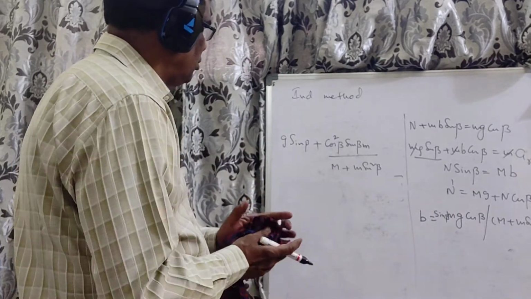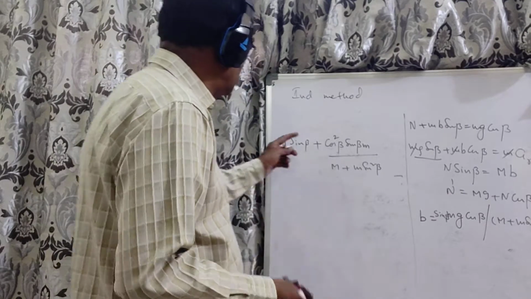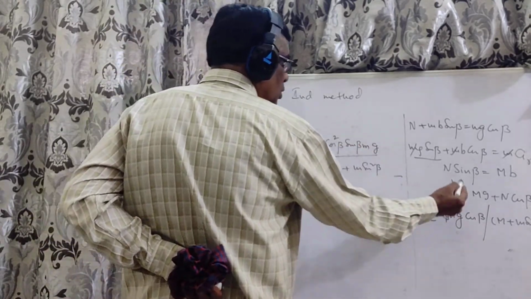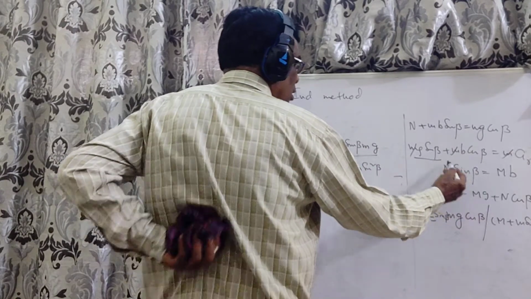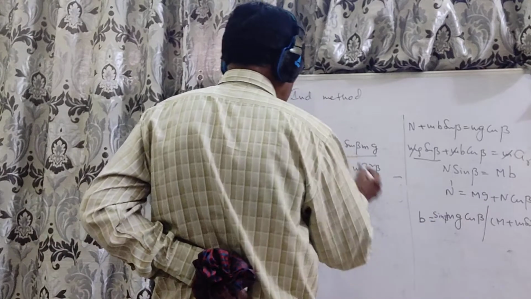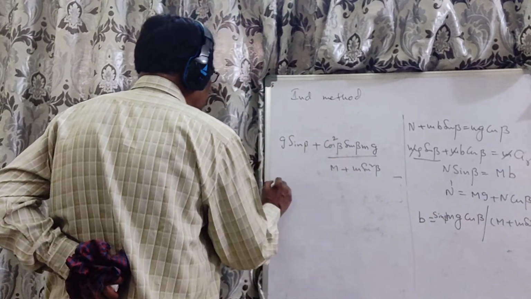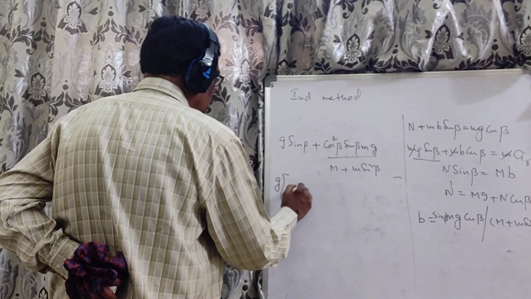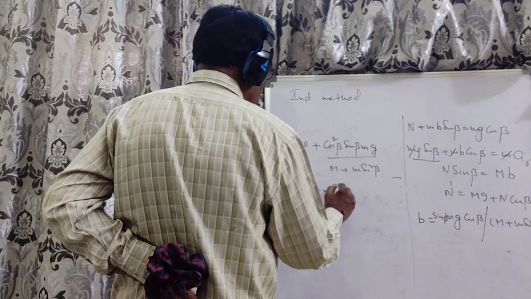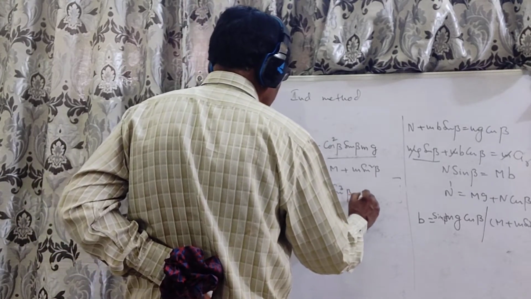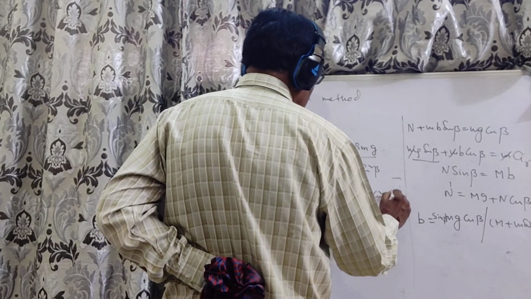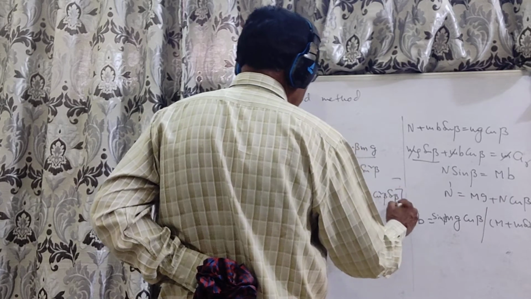Is it clear to you now? Now you can simplify this. There is g also there in this beta, so mg you get. So g is equal to m sin beta plus m sin cube beta plus m cos square beta sin beta.